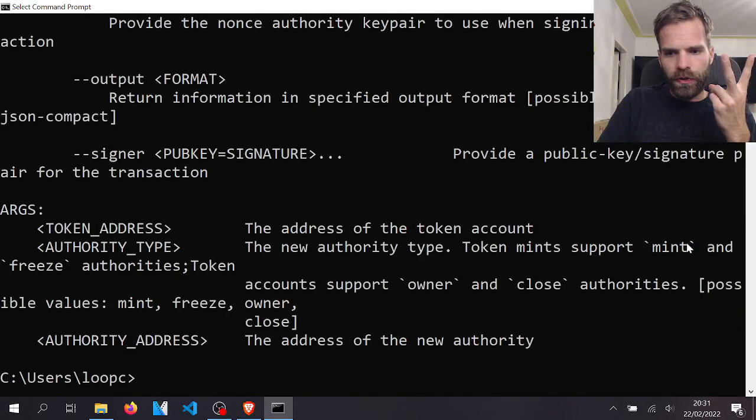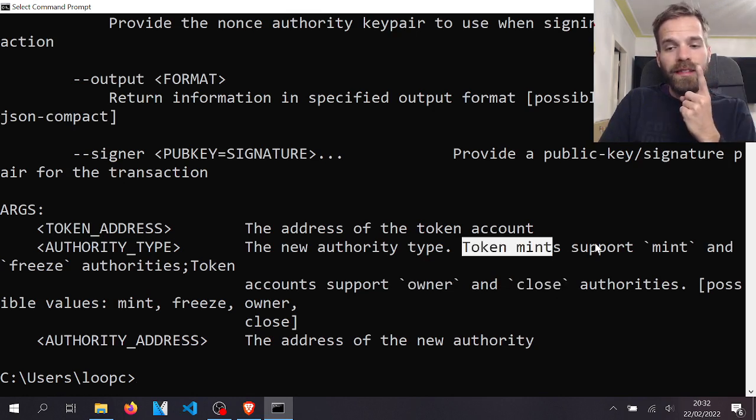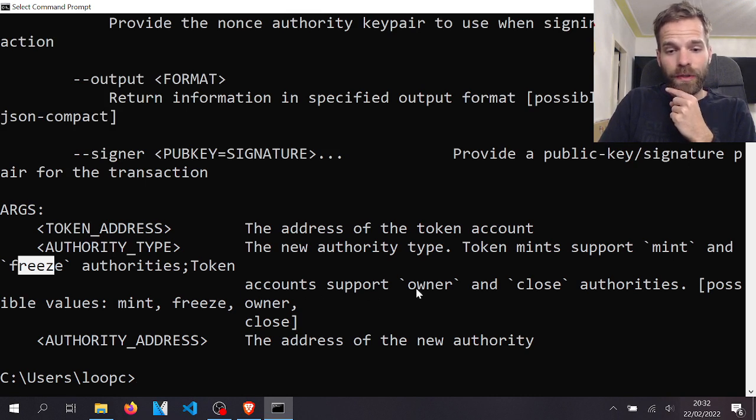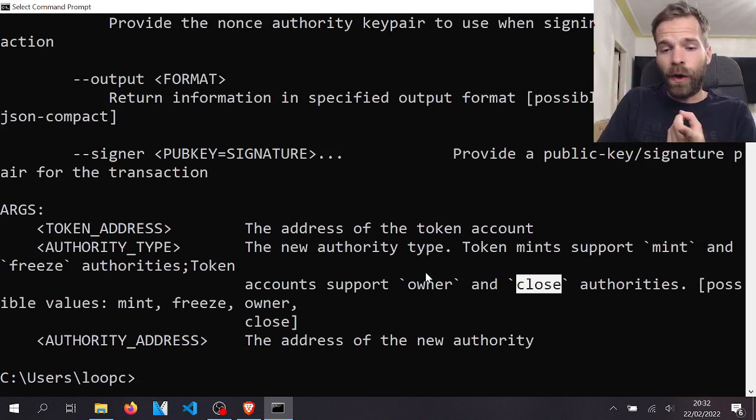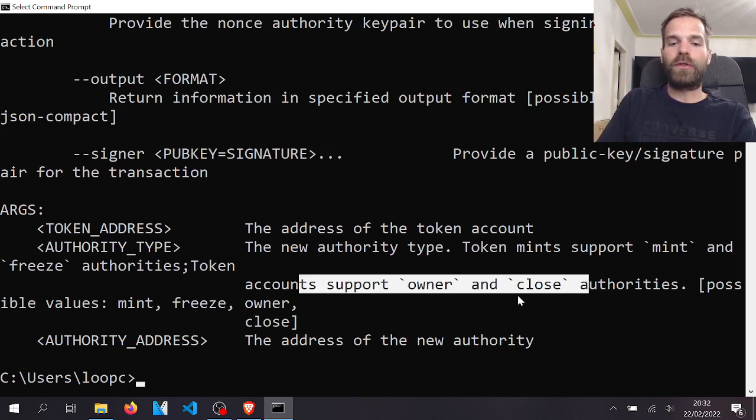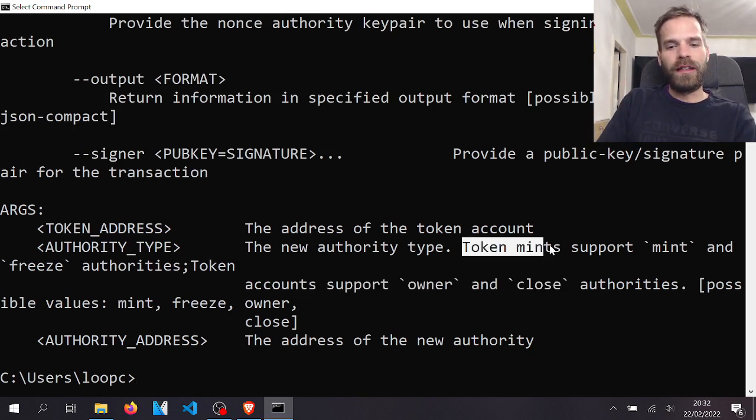There is also owner and close authorities. Token mints support mint and freeze, and token accounts support owner and close. So if we want to change the owner of a token account or the close authority of a token account, so then somebody else can close my account. Owner and close belong to a token account, and mint and freeze belong to the token mint.